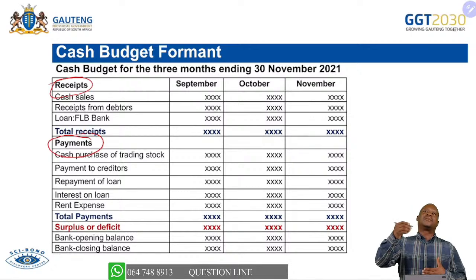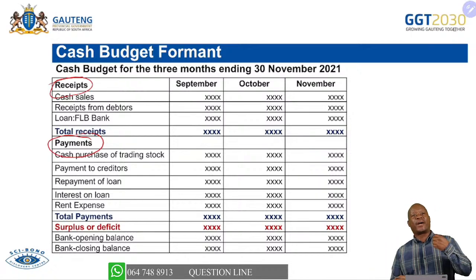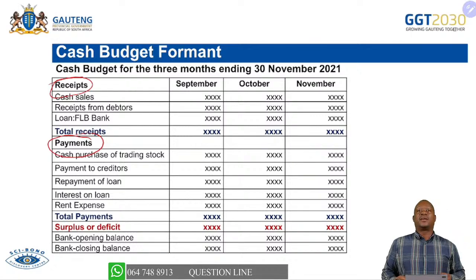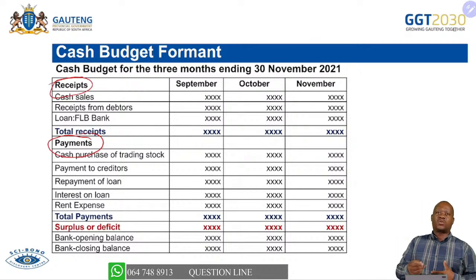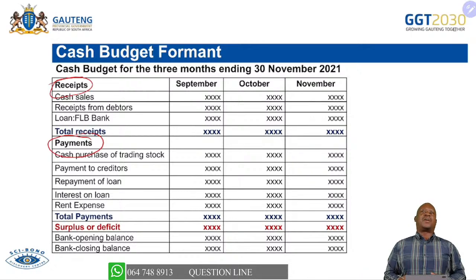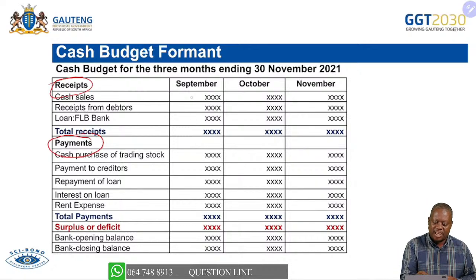The receipts. Receipts looks into where the cash is coming from. So in this case, we are saying cash is coming from our cash sales, from collections that we are doing from debtors, as well as from borrowing the loan. So these are our sources of cash during the months given. When we have the three sources, we add them. Let's check in September.